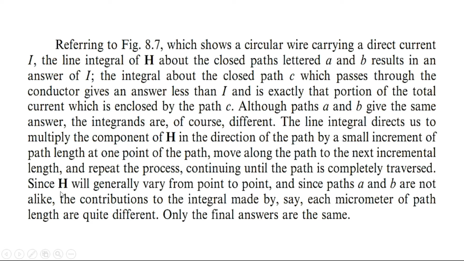Since the magnetic field intensity will generally vary from point to point, and since paths A and B are not alike, the contributions to the integral made by each micrometer of path length are quite different. Only the final answers are the same.